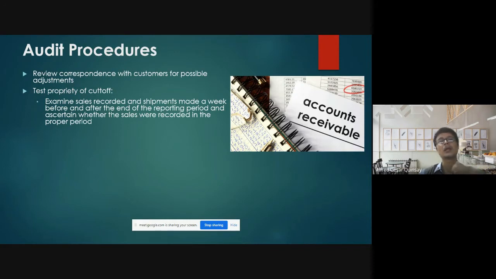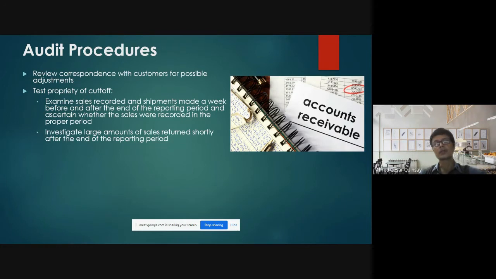By examining sales recorded and shipments made one week before and after the end of the reporting period, for example December 31, we can see what should be recorded in the proper period, and ascertain whether the sales were recorded in the proper period.